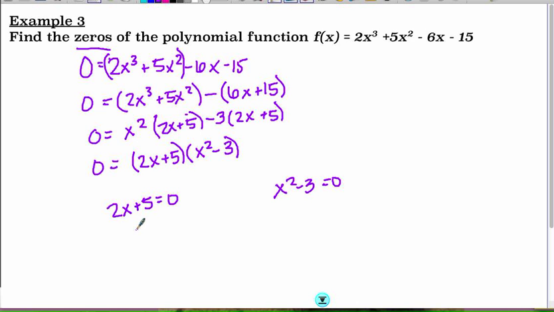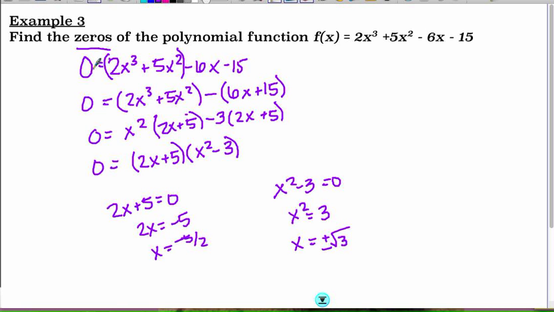So solving this one, subtracting 5 on both sides, I get a negative 5 over here. Dividing by 2 gives me negative 5 halves. And then over here, adding 3 to both sides gives me x squared equals 3. Taking a square root of both sides, I have positive or negative root 3.